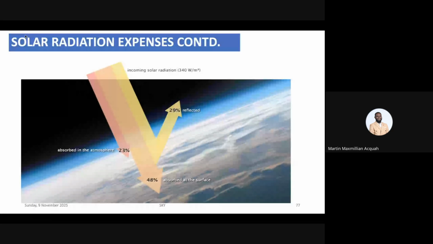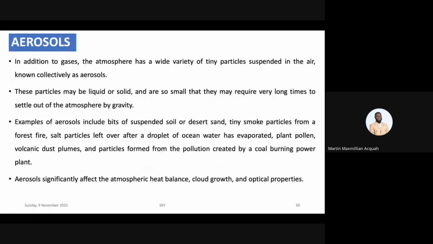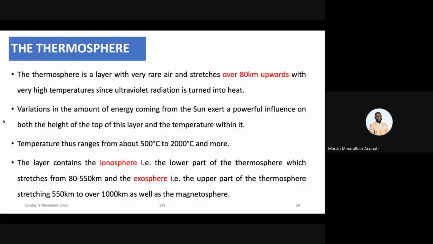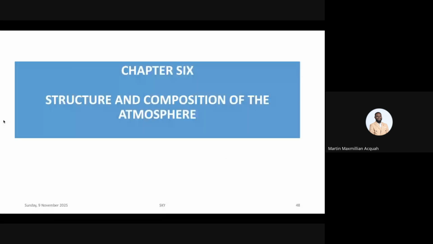Let's look at chapter 6. Chapter 6 is straightforward. Chapter 6, I said, is either they are asking you about the composition of the atmosphere or the structure of the atmosphere.